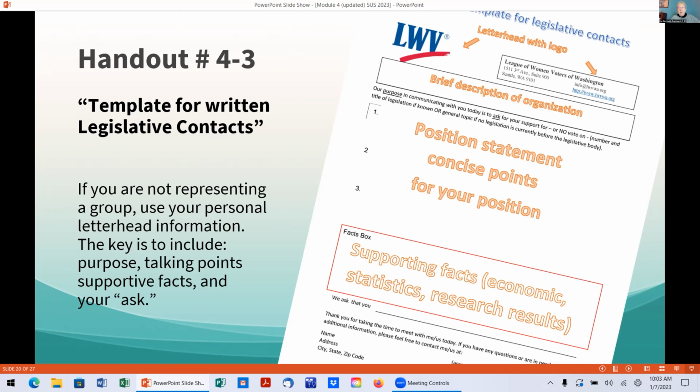Also in those handouts is a template for written contacts. This template is a more formal document. When you finish your testifying, you want to leave something with the legislator or the committee, the board, whomever.